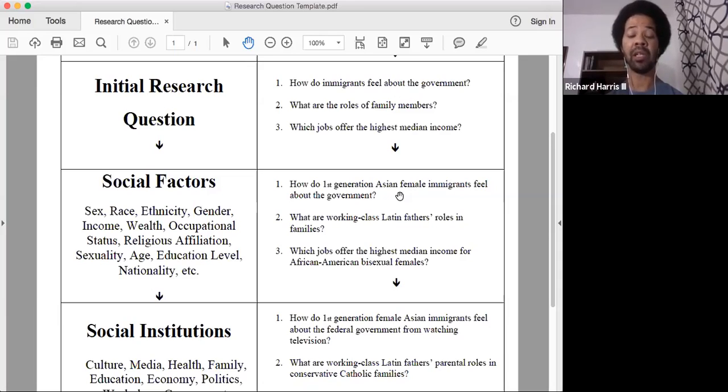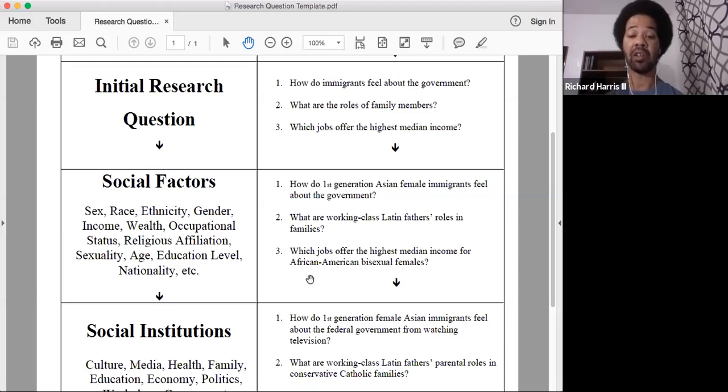Number two becomes, what are working class Latin fathers' roles in families? So we added working class and also Latin and also father. Are we going to focus on mothers or even middle class mothers in question two? No, not at all. Question three now becomes, which jobs offer the highest median income for African American bisexual females?